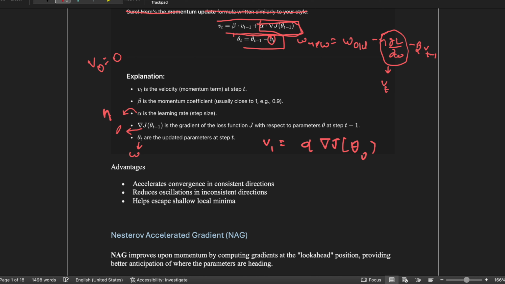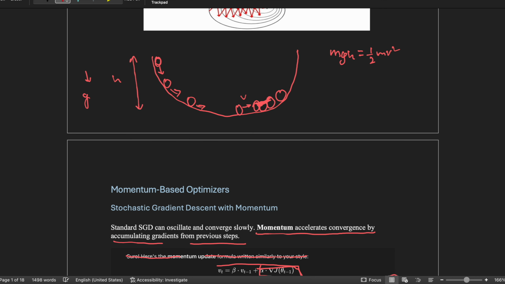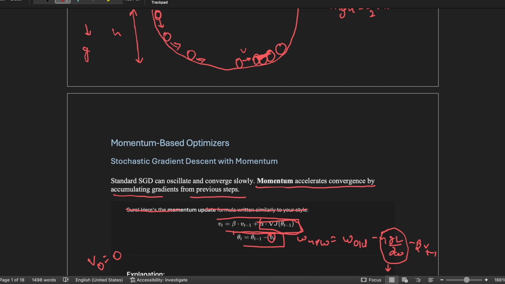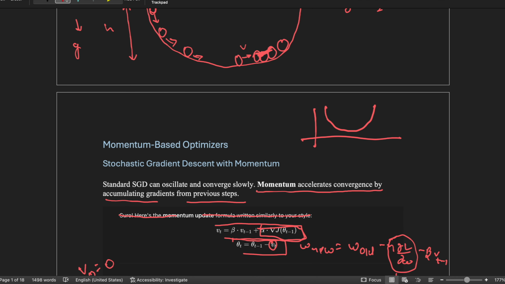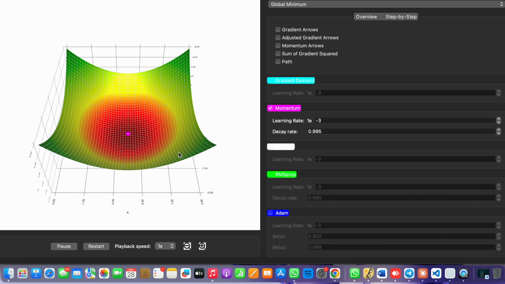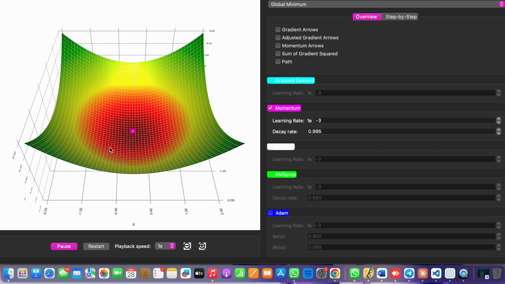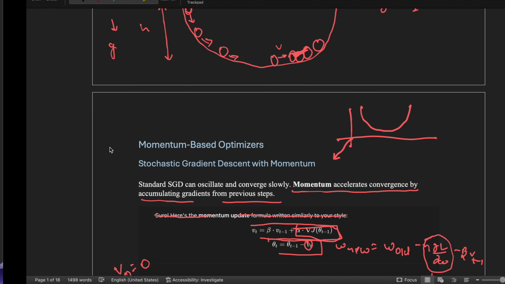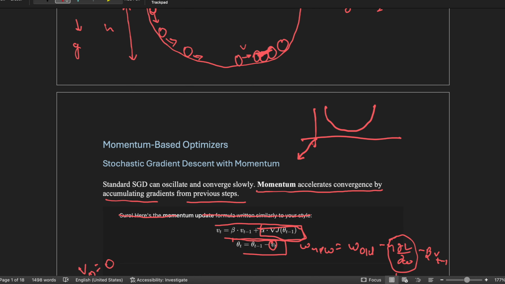Let me again make the same graph, the 2D version of the cup shape, and suppose there is another parameter, showing it in 3D by adding another axis.